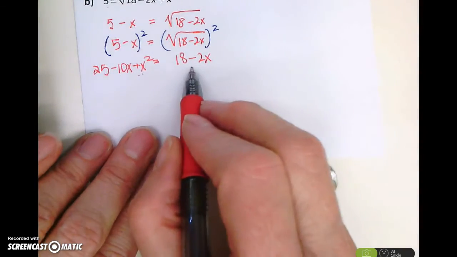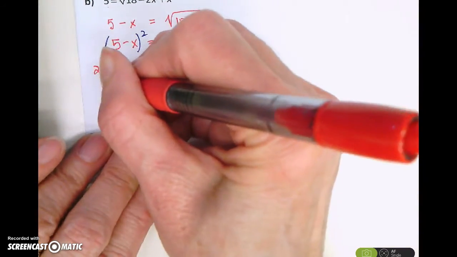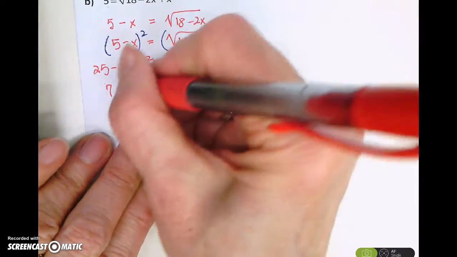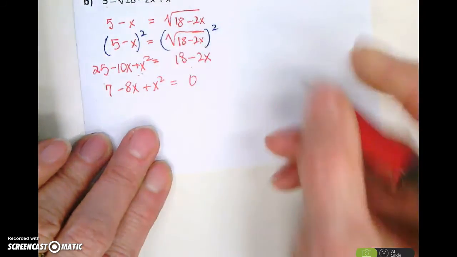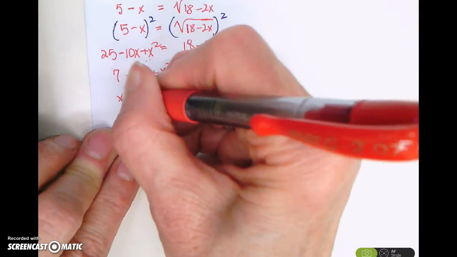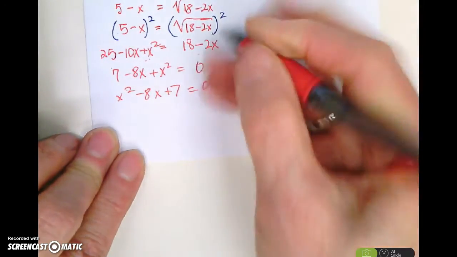All right, so again, I observed the x squared. So that means that I want a 0 on the other side. So I'm going to subtract my 18, and that will give me a 7 there. And I'm going to add my 2x. That'll give me a minus 8x plus x squared equals 0. All right, so I'm going to put this in descending order. So that's x squared minus 8x plus 7 is equal to 0.